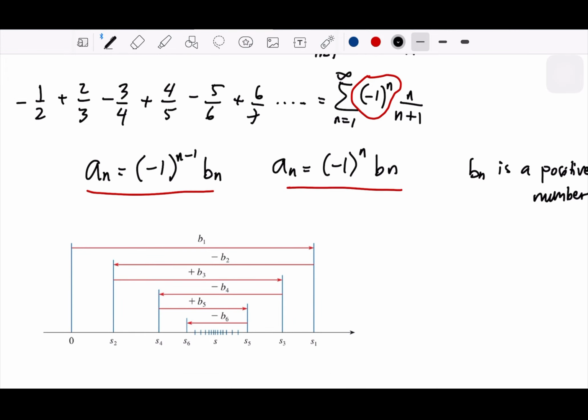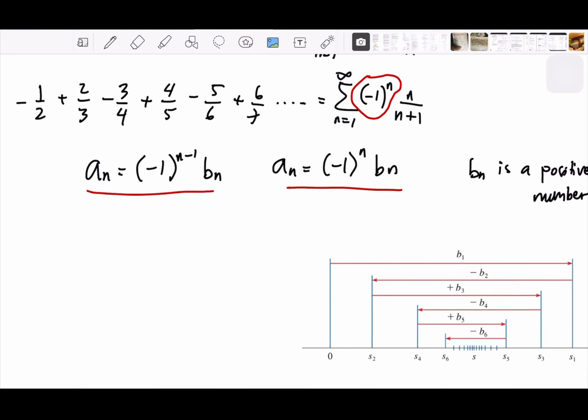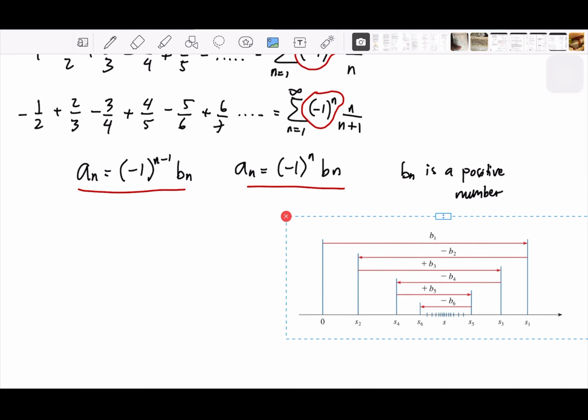Okay, and this is the visualization. But let me write some terms right here.